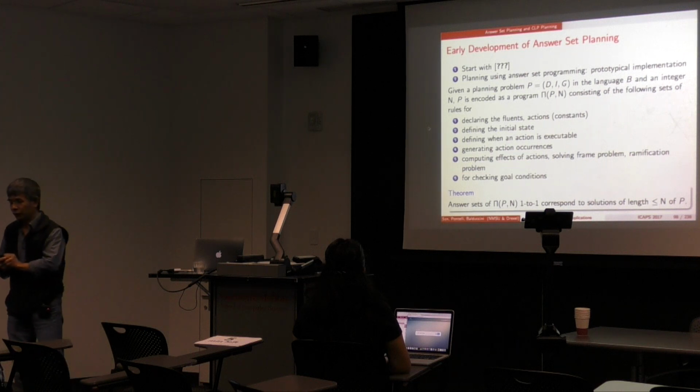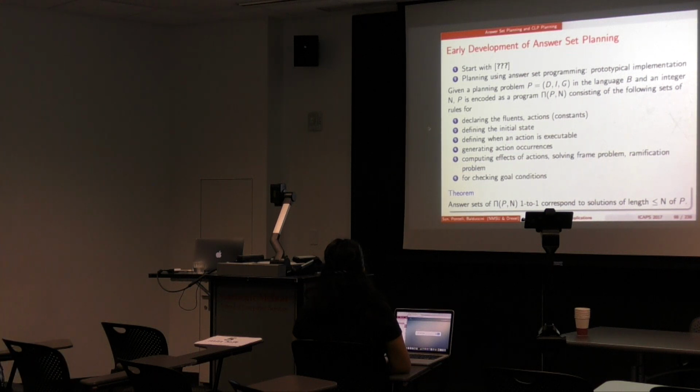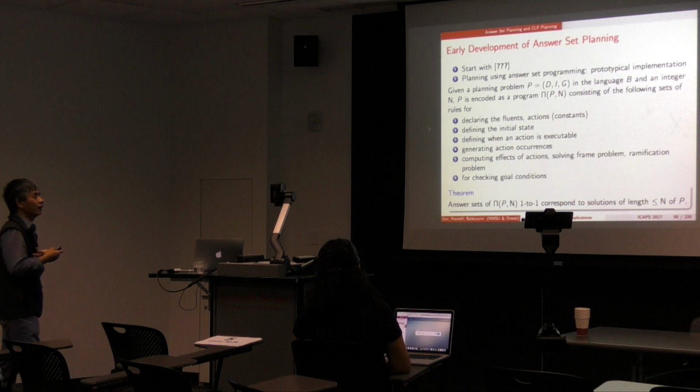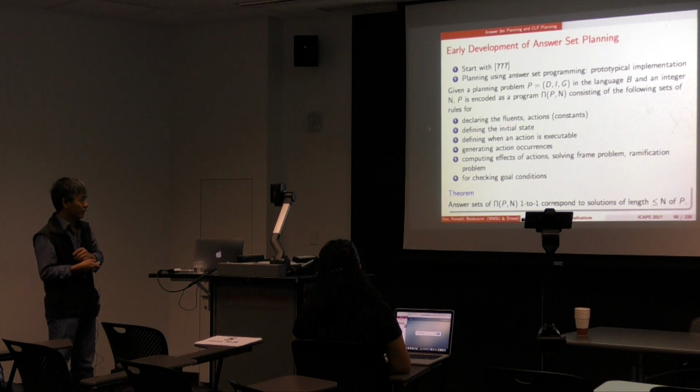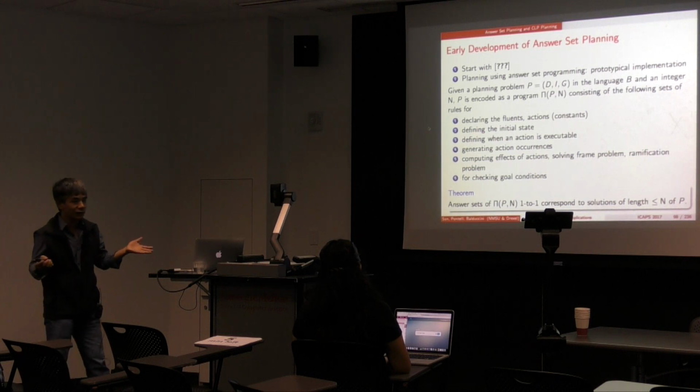In the early days of answer set planning, there were approaches. The idea is that when we have a planning problem like that, we create rules like this. First, to declare the fluents and the actions, they are used as constants of the program. Then we define the initial state and we define when an action is executable.